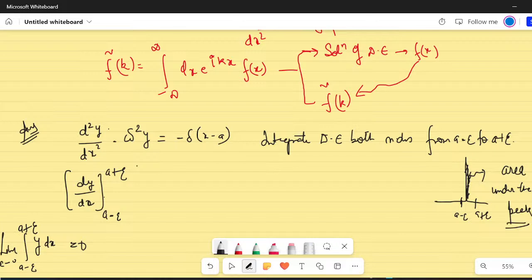And we know that in the Dirac delta function, the area under the peak is normalized to unity. So basically, it will give you minus of 1, because there's a negative here.